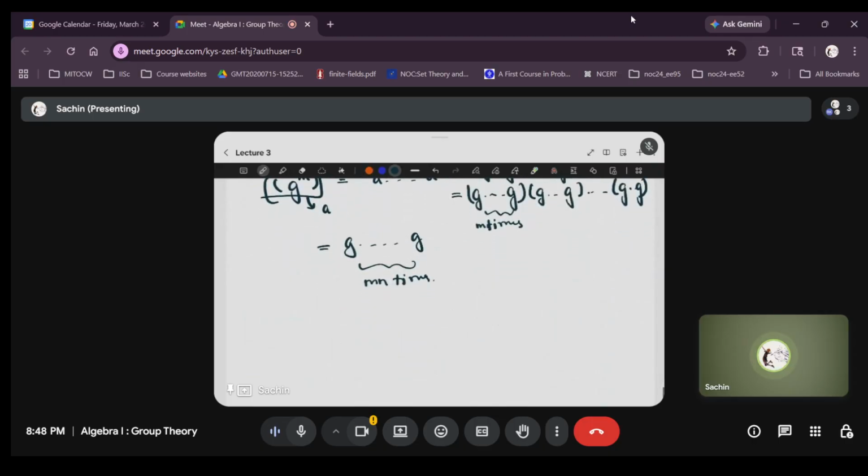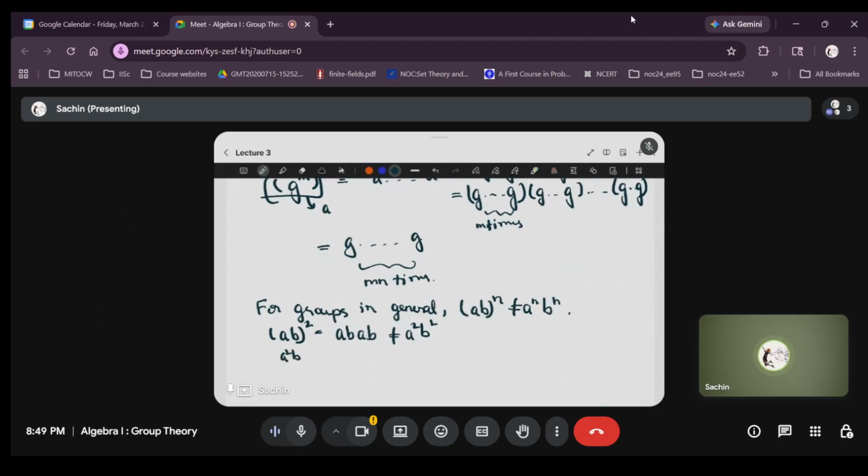So one thing we have to note is that for groups in general, if it's not an abelian group, AB whole power n is not equal to A power n B power n. That law of exponents is not true. So AB square is equal to AB times AB, which is not equal to A square B square.